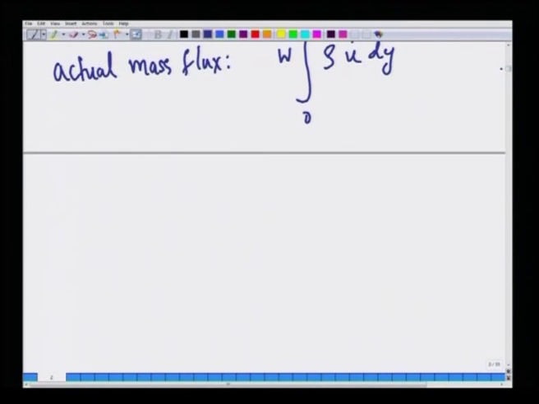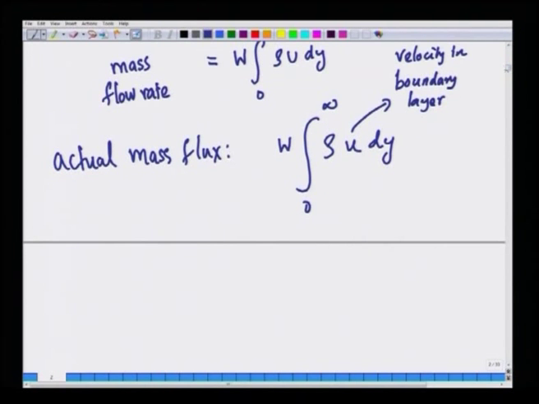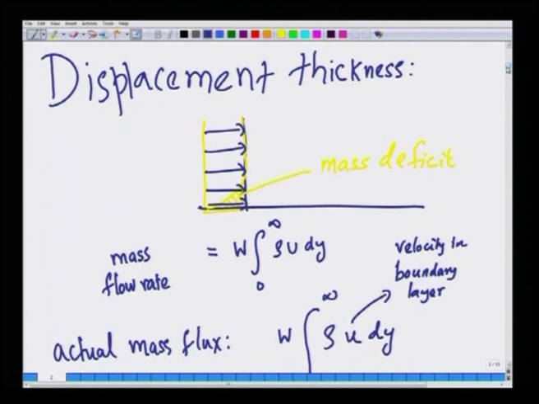Now, the way in which we define the displacement thickness is this: the net effect of the boundary layer is almost like lifting the plate to some distance, so that after this distance the flow is uniform, and the actual flow rate, which is obtained by integrating this curve, is obtained by simply taking u times this distance.